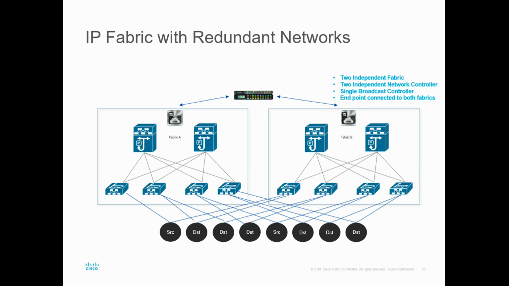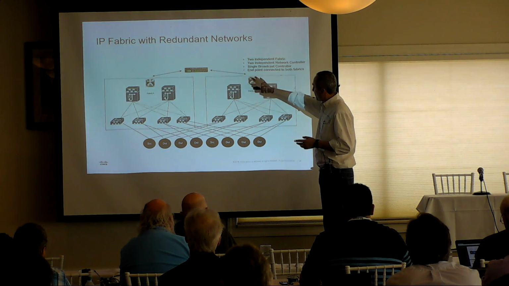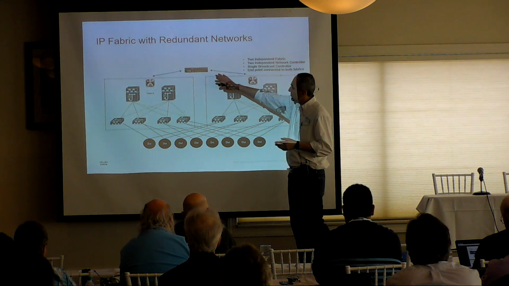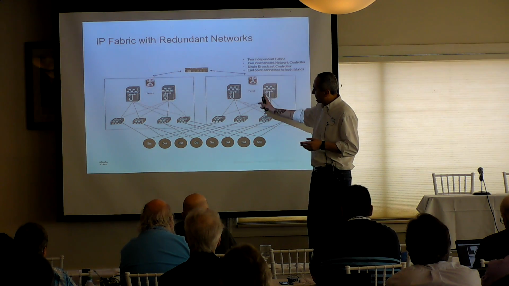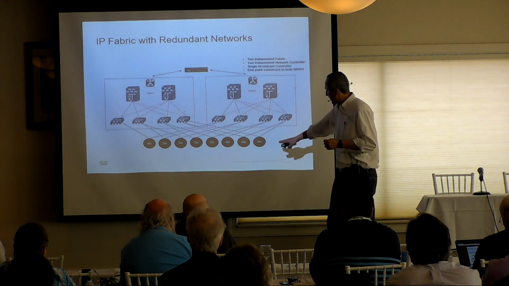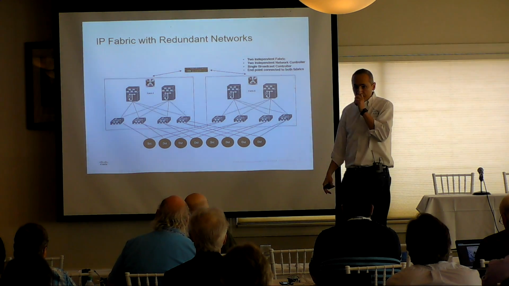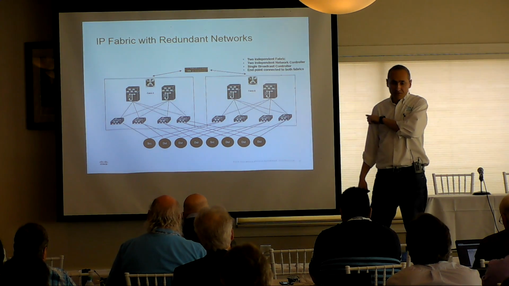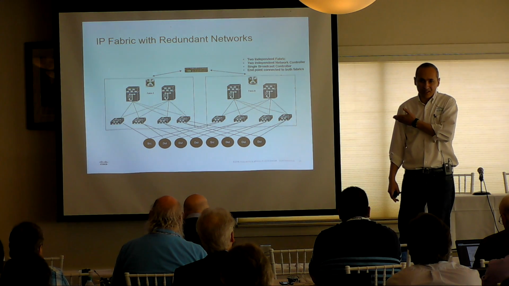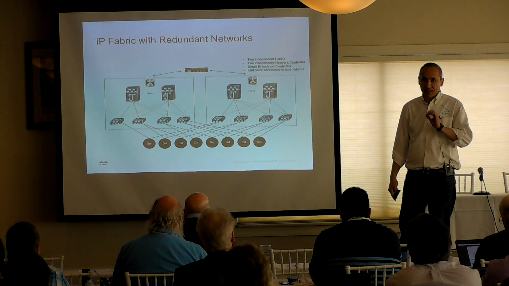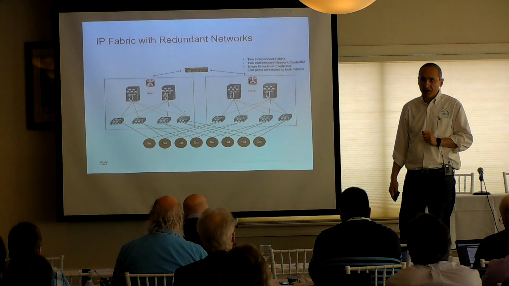And you can see here it's basically fabrics with the controllers, and then the broadcast controller basically managing both sides, X and Y, where the endpoints are connected to. And this is, of course, assuming a flavor of 2022-7. So that's from a high availability perspective.